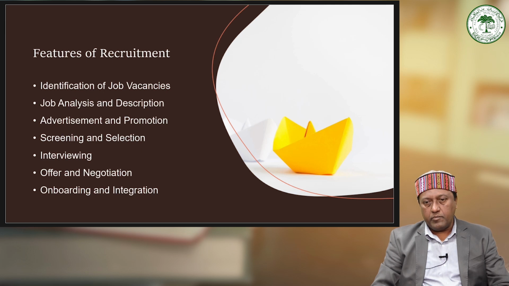The recruitment process basically begins with the identification of job vacancies within an organization. This involves assessing current staffing needs and determining the roles and positions that need to be filled to support organizational objectives. In the last lecture, we have seen the staffing formula in different libraries, in the public libraries and in the academic libraries.